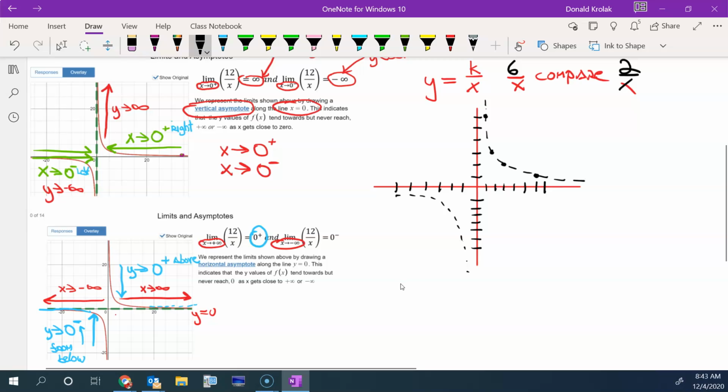Okay, now if I graphed 2 over x. I changed it because I didn't want to have to make 12 tick marks. So 1 and 2, 2 and 1. I need some more points. So what are some other numbers that make 2?